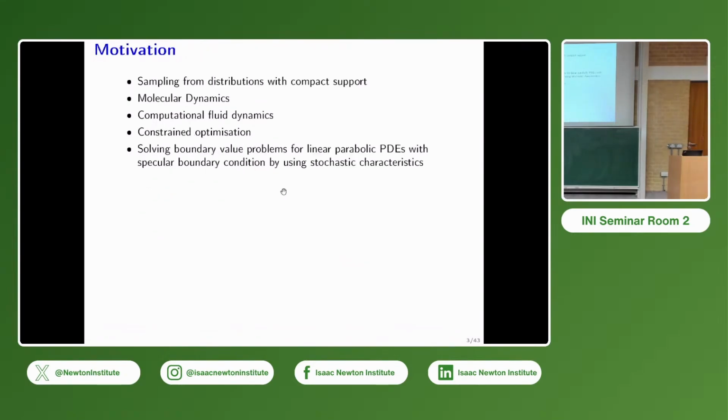The first motivation comes from the question of how to sample from distributions with compact support. The typical objects, underdamped and overdamped Langevin equations, are used to sample from domains without boundaries, unbounded domains, the full Euclidean space.